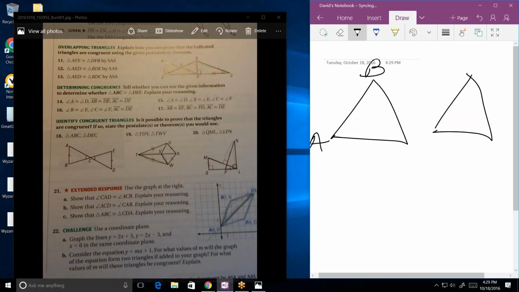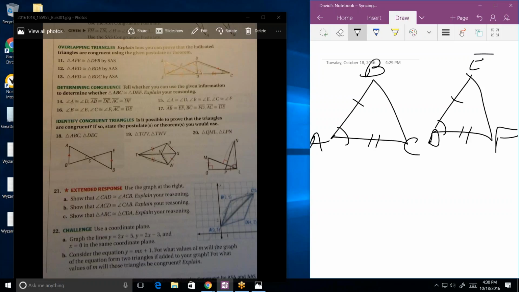So A is congruent to D. AB is congruent to DE. And AC is congruent to DF. So by what postulate are those congruent? That would be the side angle side.